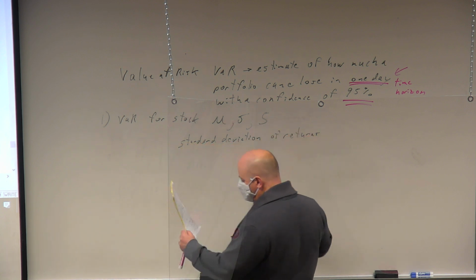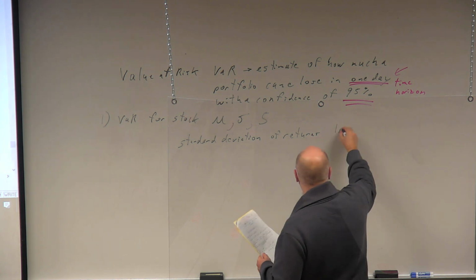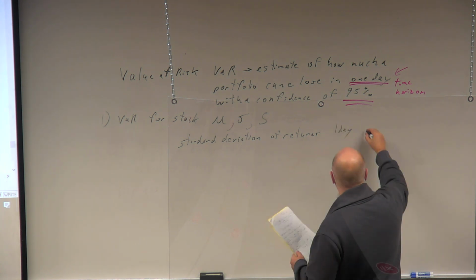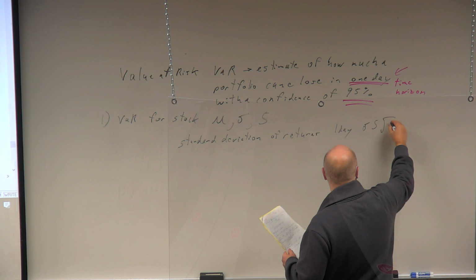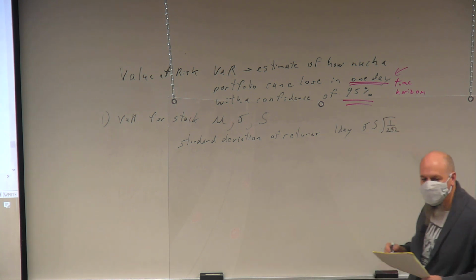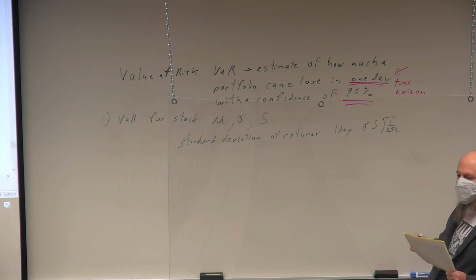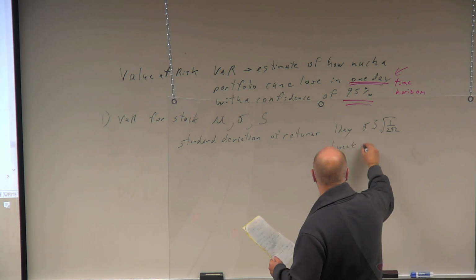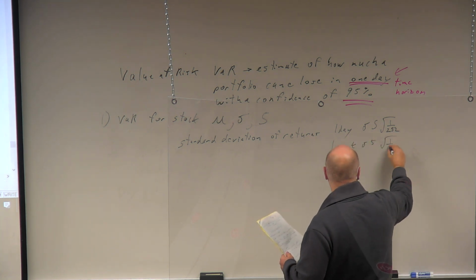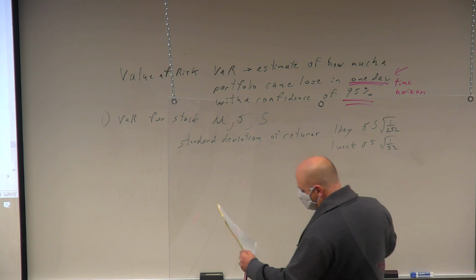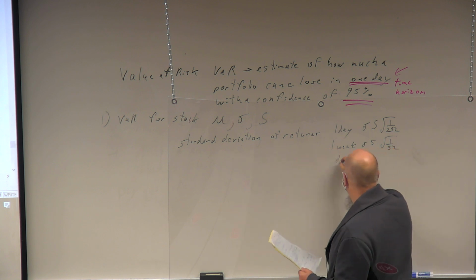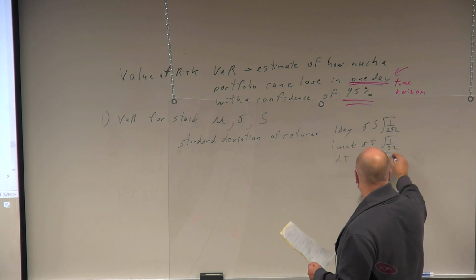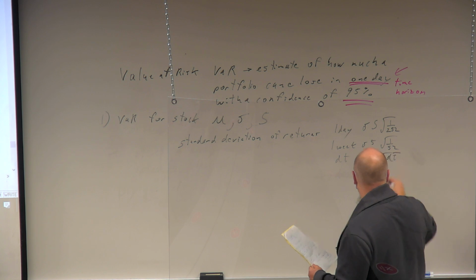The standard deviation for the returns, if we're talking about over a day, then that's sigma S times root of 1 over 252. That's the standard deviation of our returns. If it's a week, sigma S root 1 over 52. If it's just dt, sigma S root dt.